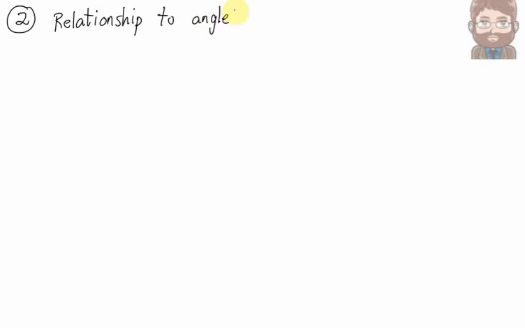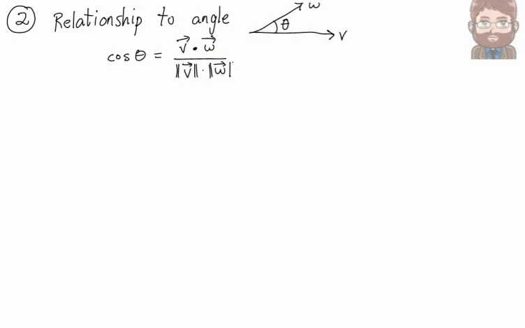So if I have my two vectors v and w, and I have the angle between them, well, from the dot product, I know how to calculate the cosine of that angle. The cosine of theta is equal to v dot w over the length of v times the length of w. Now, as it turns out, the cross product will give us some information about the sine. And the formula looks very similar to the cosine formula.